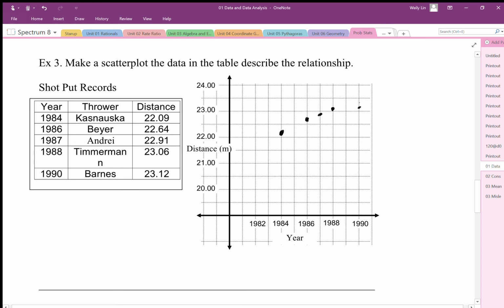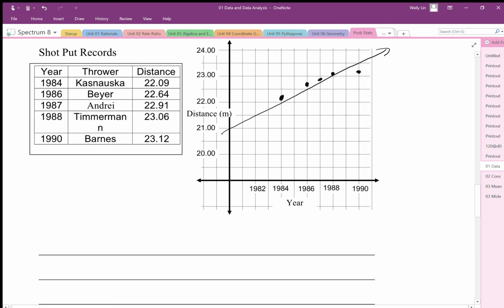So we can see that there, again, is a positive trend in the data. We can say that the world record is increasing as time goes on.